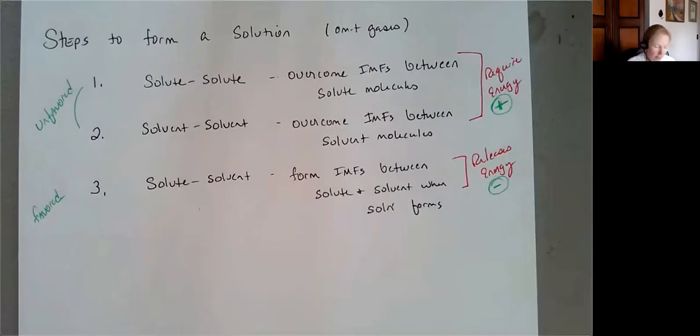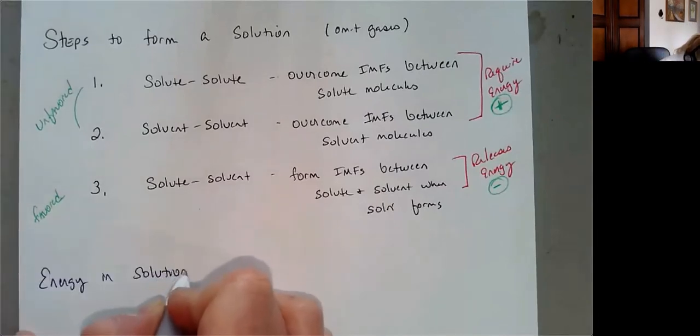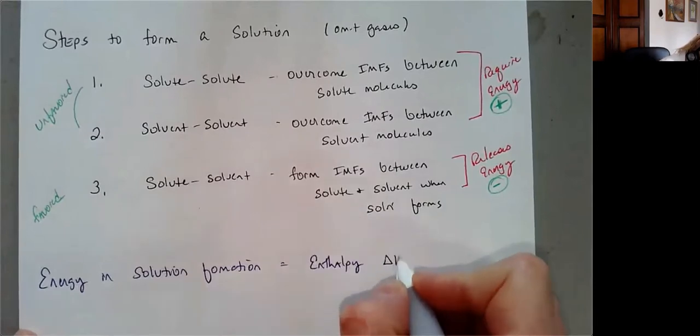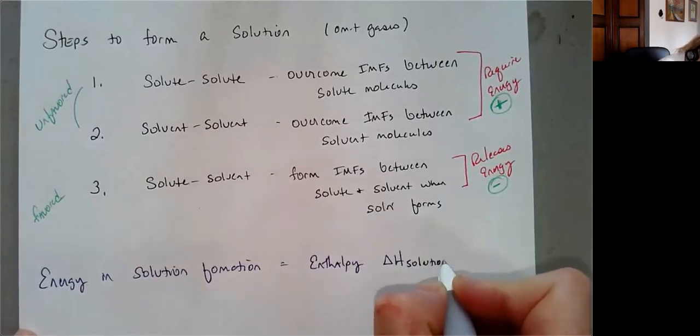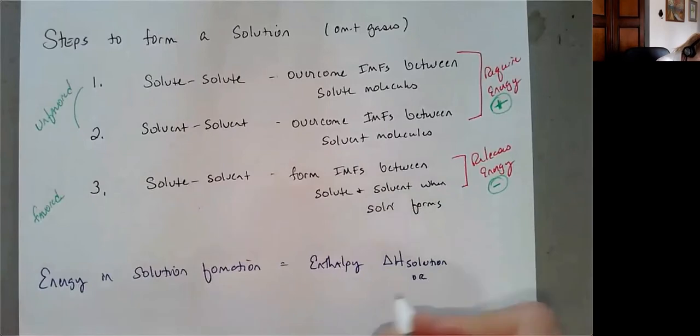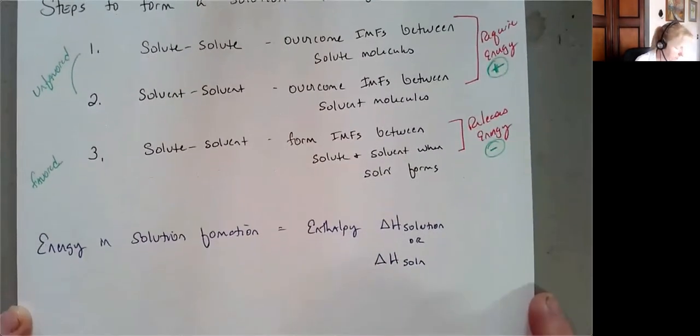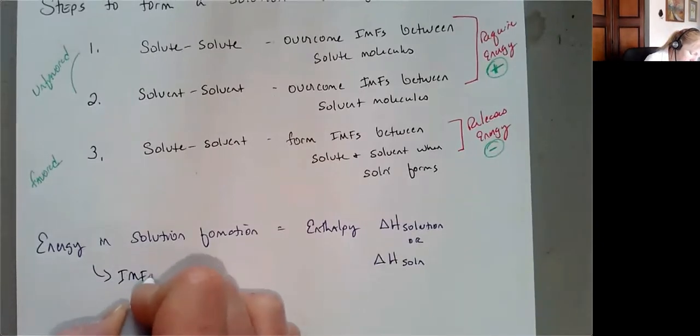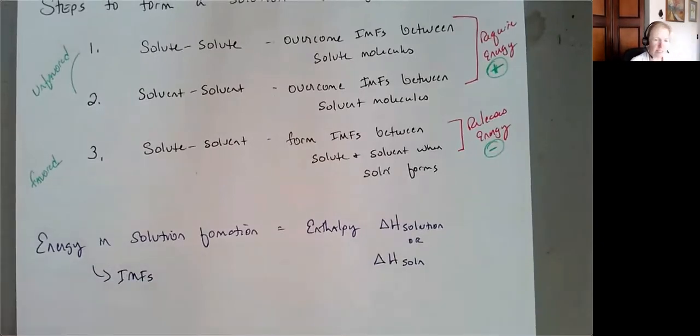And so we have a way of talking about this energy. This energy in solution formation is enthalpy, delta H of the solution. So we write it that way, or we could write it delta H soln, which is short for solution. So that's how we're going to track these intermolecular forces, right? What the energy is, either I'm forming them or I'm breaking them.